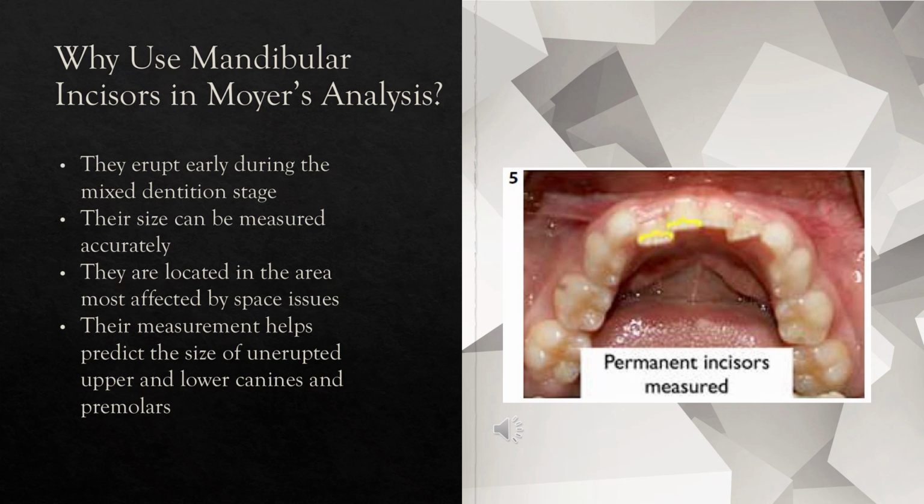They also sit right in the middle of where most crowding or spacing problems occur, making them a key reference point. And most importantly, the size of these four incisors can be used to predict the size of both the upper and the lower unerupted canines and premolars, making the analysis both simple and powerful.